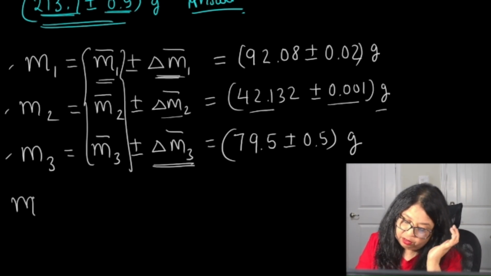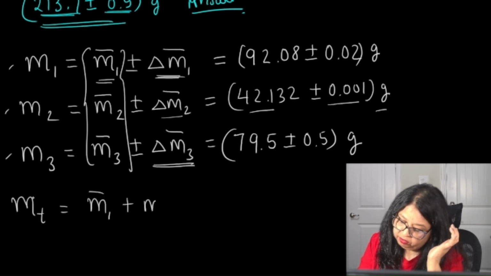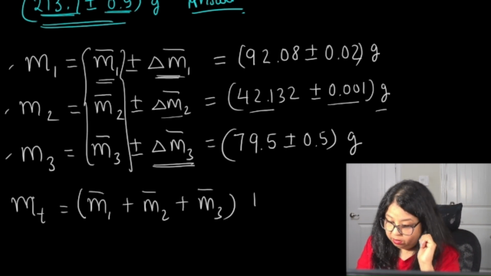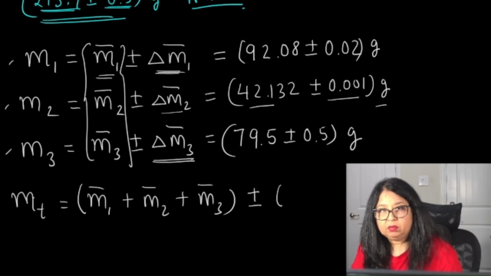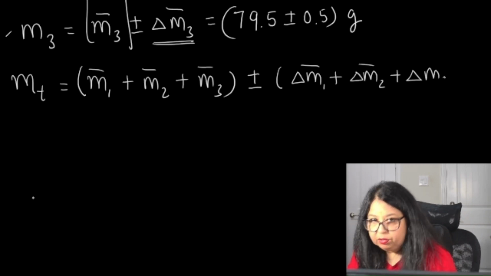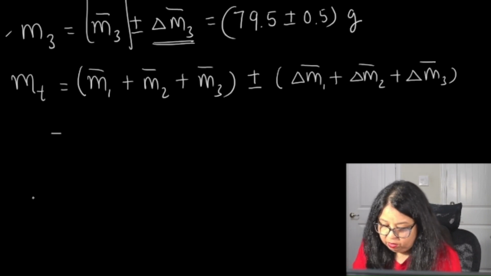So here, the total mass will be equal to M1 bar plus M2 bar plus M3 bar, error plus minus delta M1 bar plus delta M2 bar plus delta M3 bar.